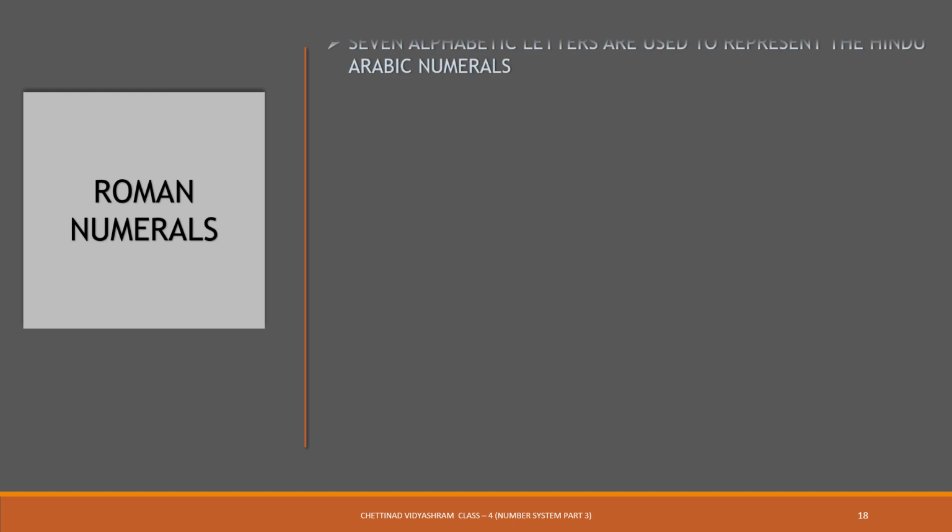Roman numerals. 7 alphabetic letters are used to represent the Hindu-Arabic numerals, and they are I, V, X, L, C, D, M. Using these 7 letters only, we are going to represent the Hindu-Arabic numerals.